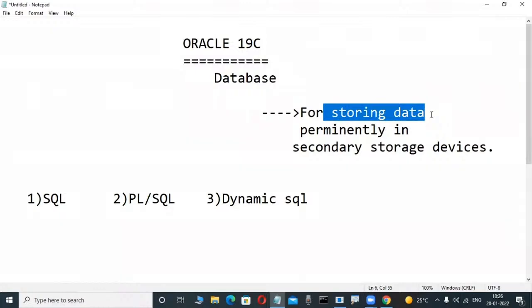But that is absolutely wrong. Not only storing data, so many things are there. Databases are not only about storing data, but also about efficient retrieval of data, which is important. Suppose, for example, observe the screen.